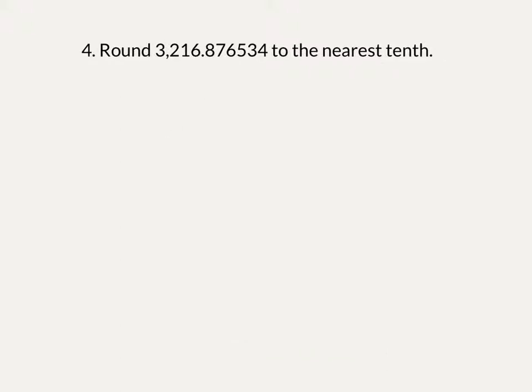Question 4. Round 3,216.876534 to the nearest tenth. First, we'll identify the digit in the tenths place, which is an 8. Next, you'll look at the digit to the right of the 8, which is a 7.